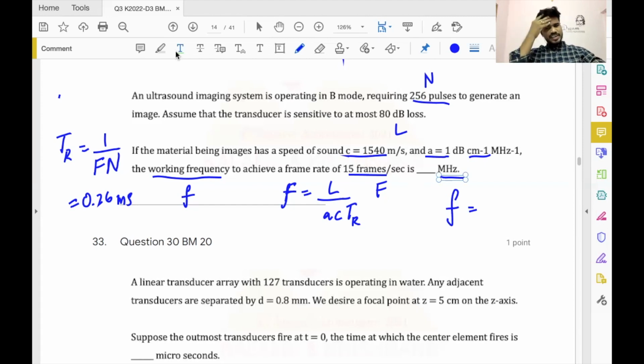I think we just calculated this yesterday. Yeah, it should be 0.02 megahertz. Okay. Princeton Review likely says it's like 2 megahertz, but based on the numbers, this is what we get.